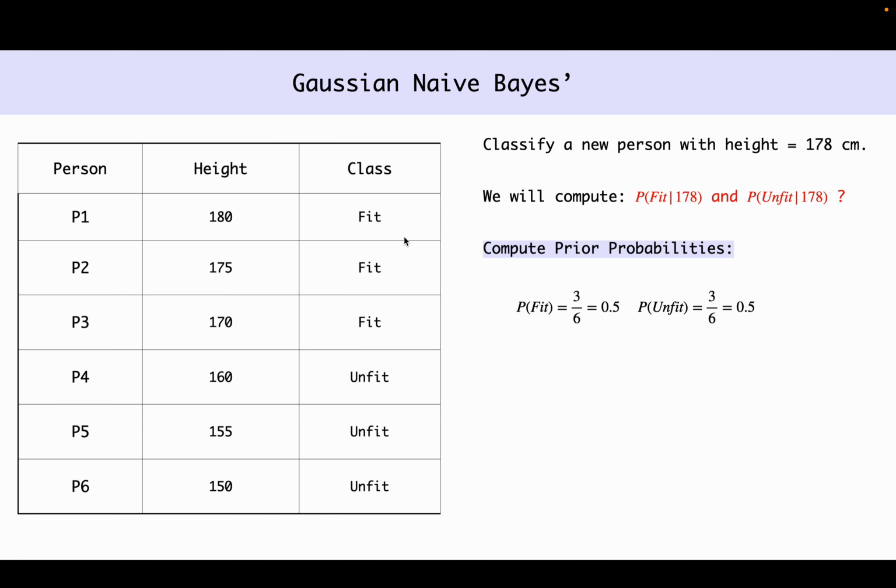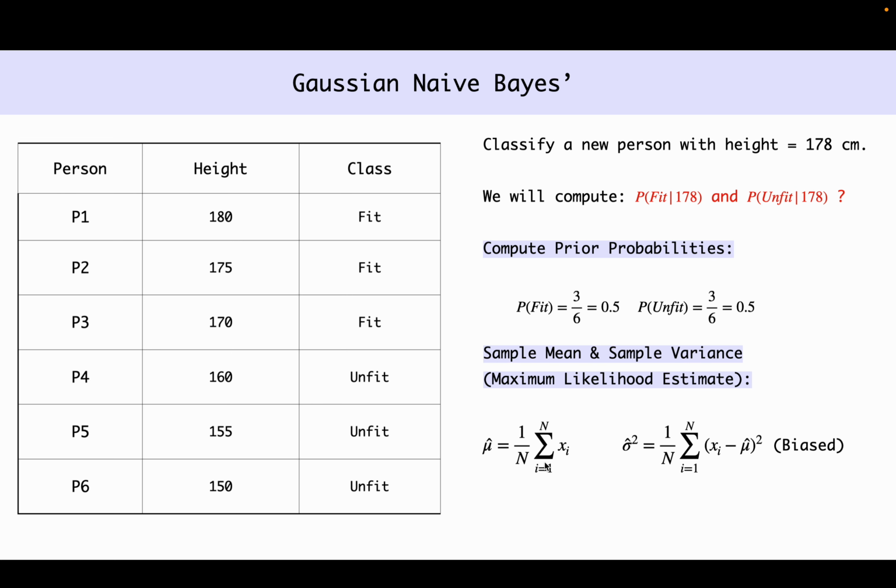These are the 3 samples we have for the fit class and 3 samples for the unfit class. The sample mean is given as follows, which is taking the average and dividing by n. This is the maximum likelihood estimate of the mean for the Gaussian distribution, and this is the maximum likelihood estimate for the variance. But you have to note that this is a biased estimate. We also have an unbiased estimate, where we divide by n minus 1.